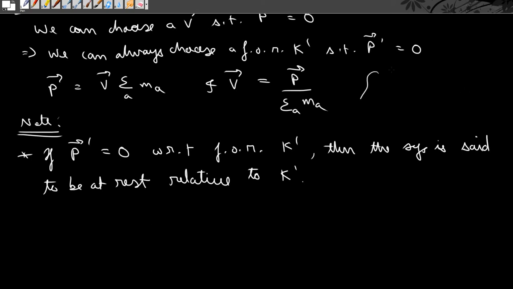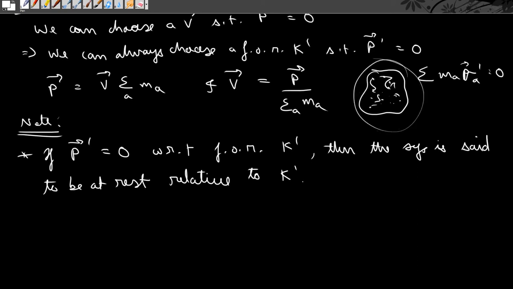What I mean is that if this is a system made of some particles, these particles may be moving around randomly on their own, but they are moving in such a way that their total momentum, the summation of m_A V_A dash, becomes equal to 0. This implies that the entire system is going to remain in this particular region in space.